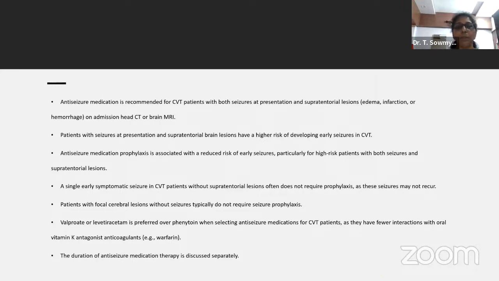Patients with seizures at presentation with supratentorial brain lesions have a higher risk of developing early seizures in CVT. And the drug of choice will be valproate and levetiracetam over phenytoin, as phenytoin may interact with oral vitamin K antagonist anticoagulants like warfarin.